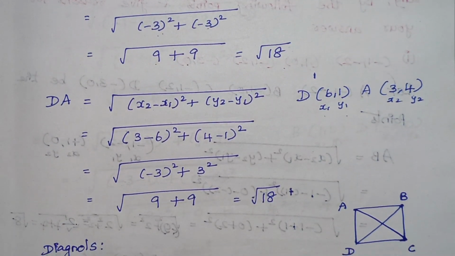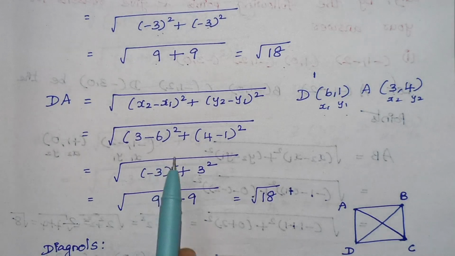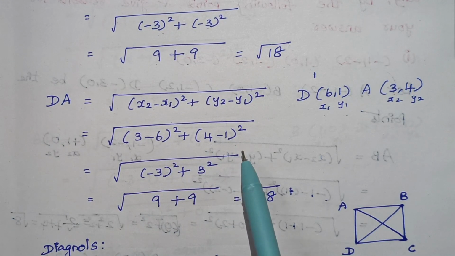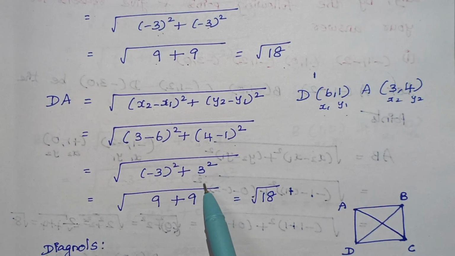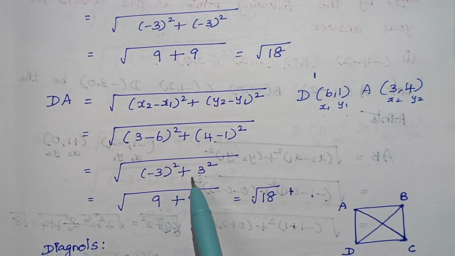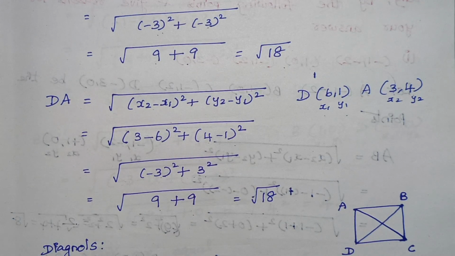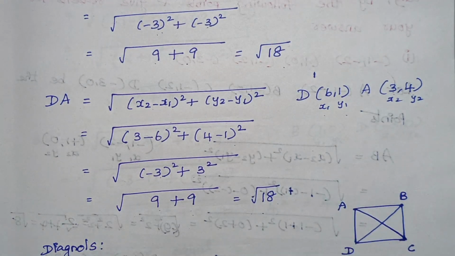Once you substitute the values, 3 minus 6 becomes minus 3 square and 4 minus 1 gives you 3, therefore this gives 3 square. So minus 3 square is 9 and 3 square is 9, and when you add, you get the answer as root of 18. Now when you compare all the 4 sides, AB, BC, CD, DA, all give the same value which is square root of 18.